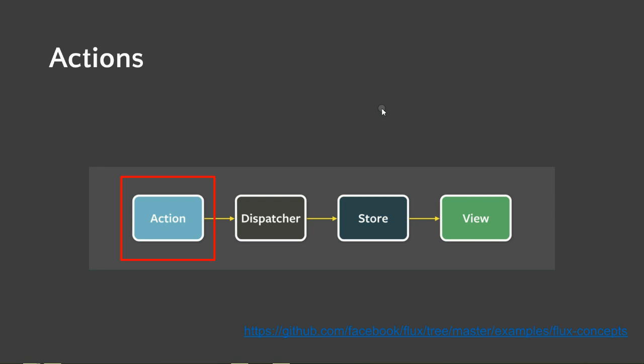Actions. Actions define the internal API of your application. They capture the ways in which anything may interact with your application. They are simple objects that have a type field and some data. A type field to identify the action uniquely, and a payload, some data that the action brings with it. Actions should be semantic and descriptive of the action taking place.